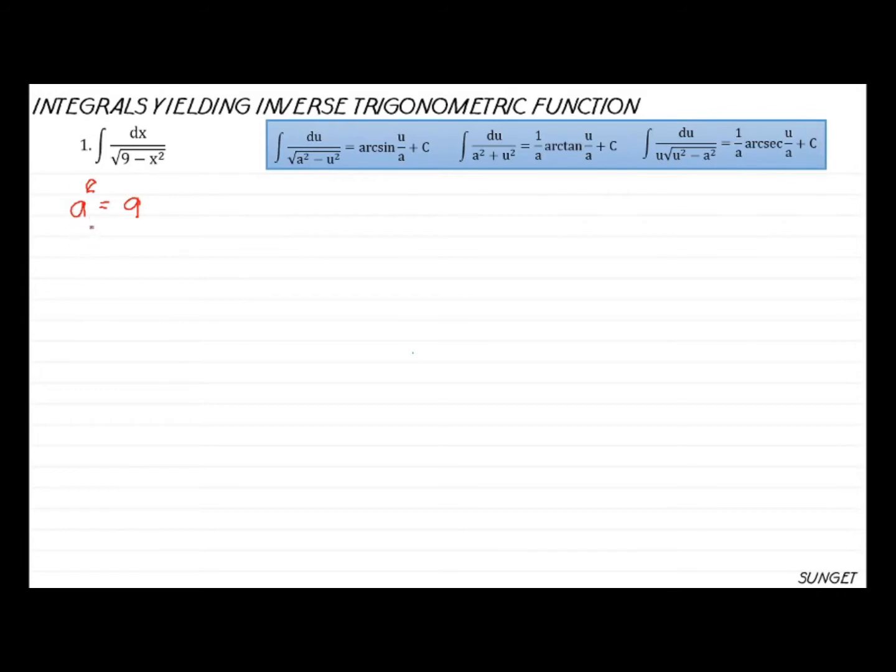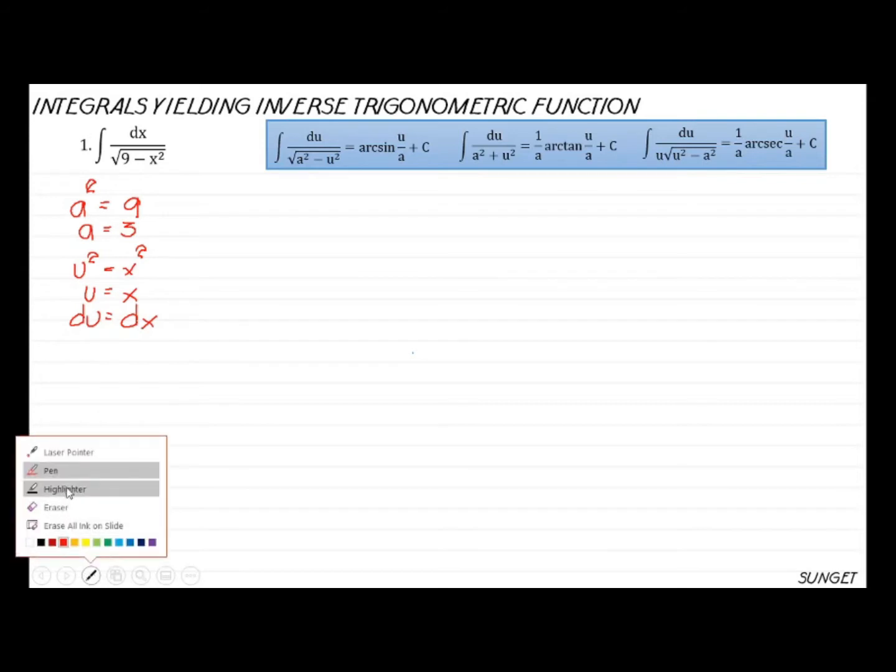Getting the square root of both sides, a is equal to 3. Next, u squared is equal to x squared, where u is equal to x. Then differentiate, so du is equal to dx.